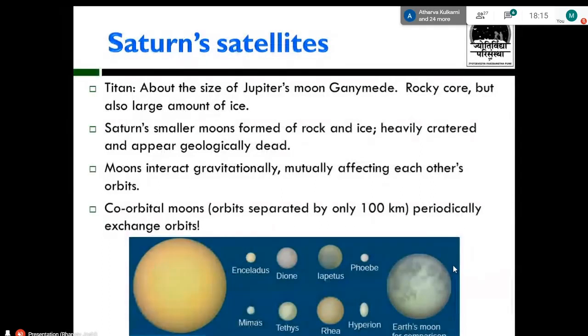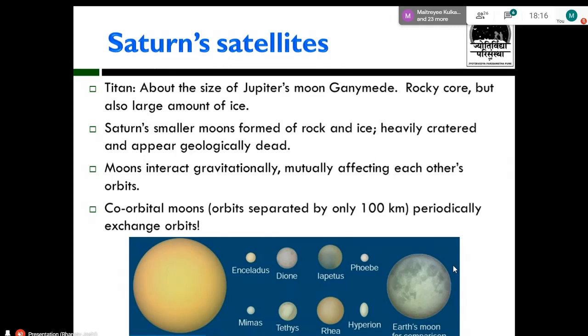Among the satellites of Saturn, Titan is the only moon with clouds, and it has a dense atmosphere. Titan also has lakes, rivers, and seas. The only difference between the lakes, seas, and rivers on Titan and the ones on Earth is that those on Titan are of liquid methane.